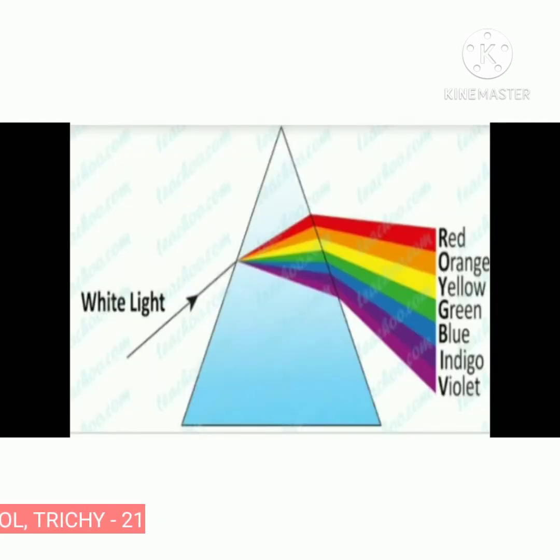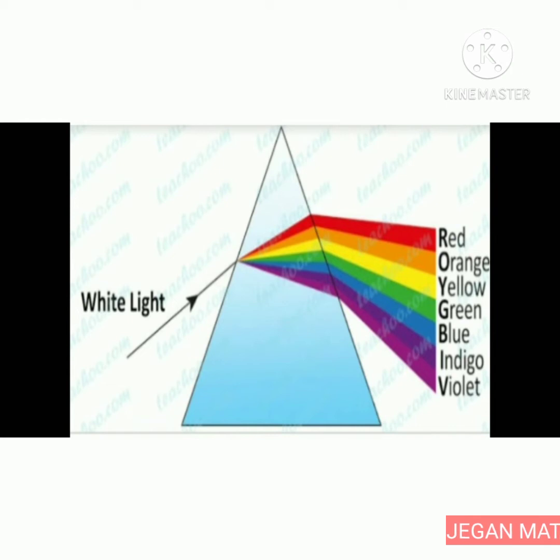In this activity, the first prism splits the white light into 7 colored light rays, and the second prism recombines them into white light again. Thus, it is clear that white light consists of 7 colors: violet, indigo, blue, green, yellow, orange and red.